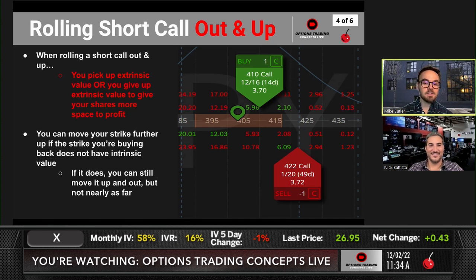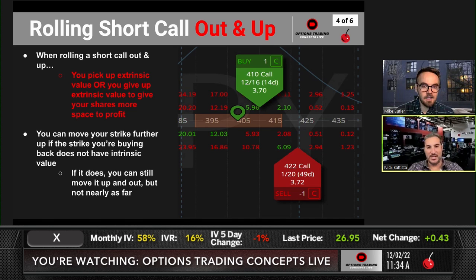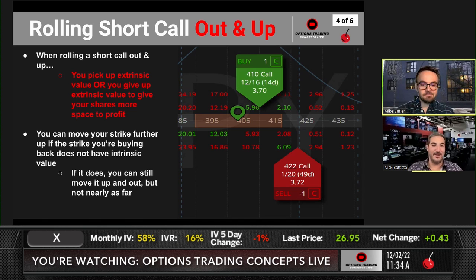And that is where you run into issues when it comes to the flexibility that you can have when you're moving these strikes out in time, and the ability to move it up in the case of a short call, or the ability to move it down in the case of a short put, or a combination if you're talking about strangles or straddles. So without doing it for a debit. Yeah. If you're 10 points in the money, you're going to be paying a debit, but you can still gain intrinsic value.